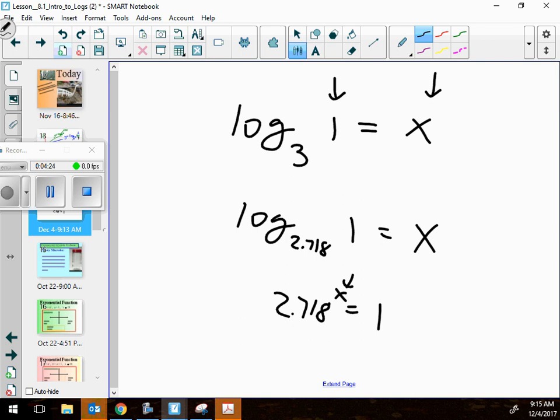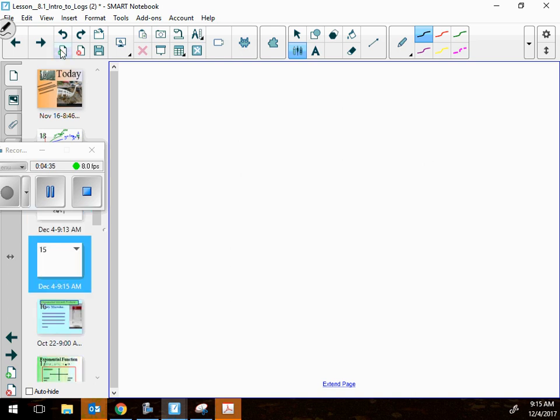So, when there's a 1 in the argument spot, you get nothing. You get 0. You get an answer of 0. So, log base 4 of 1. You got to be able to just go, oh, that one's 0. There's a 1 in the argument.